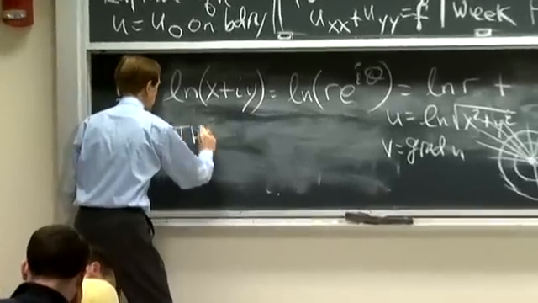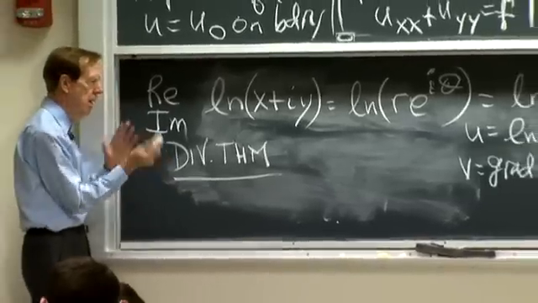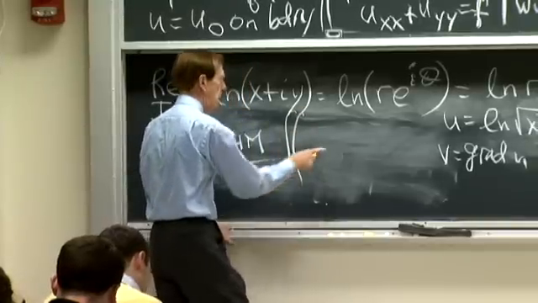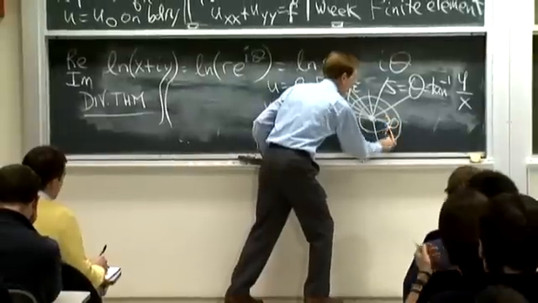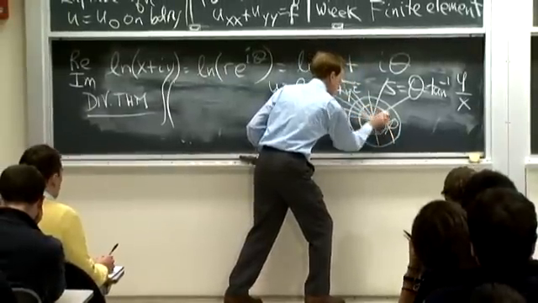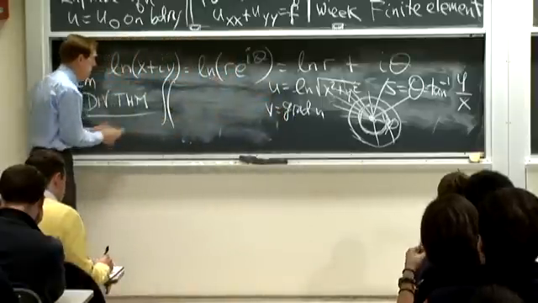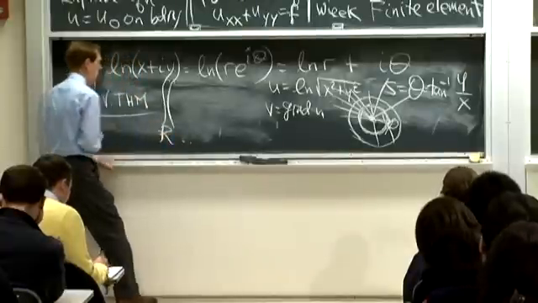This is the key thing that connects double integrals. Let me take a circle of radius r. So that's the circle of radius r. R could be big or little. So I take this, integrate over the circle of radius r.